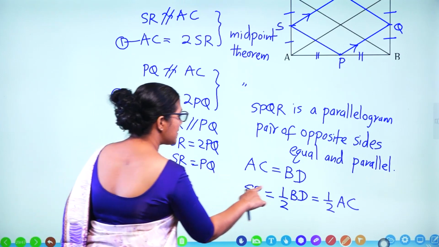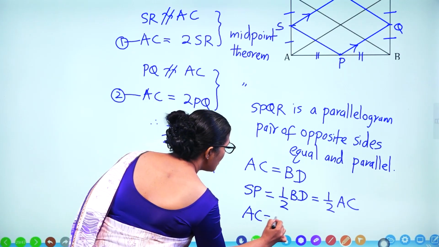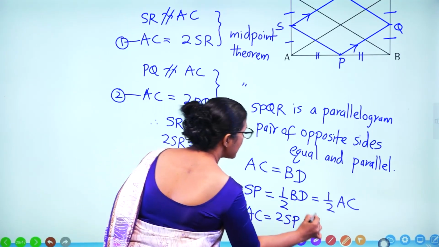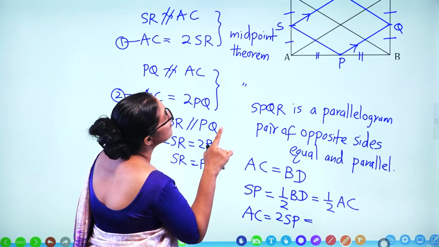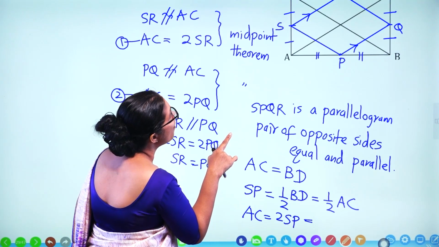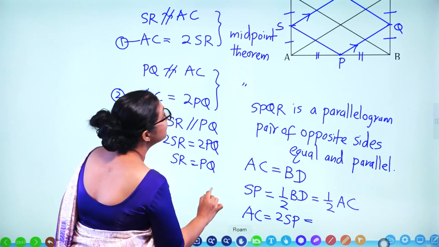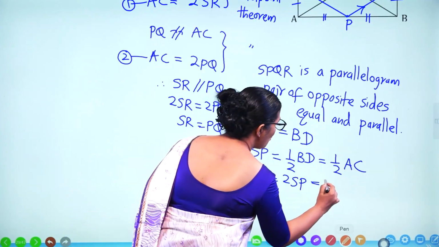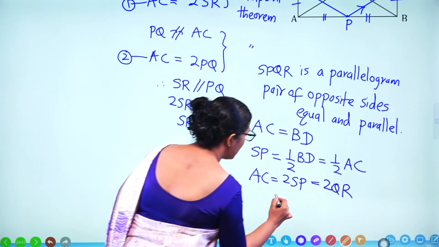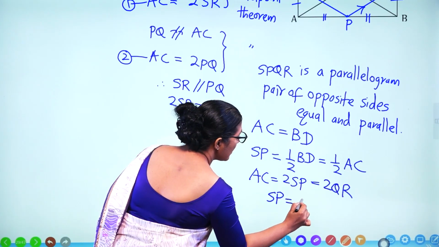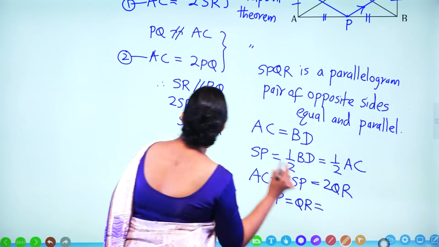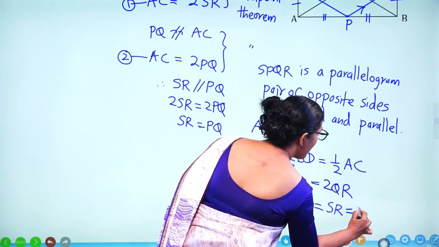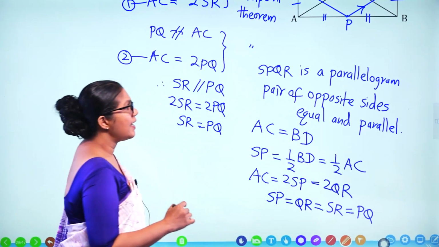So that means AC equals 2SP, as well as you can write this is 2QR. So that means SP, QR, and all the sides are equal. SR, PQ, all the lengths are equal.